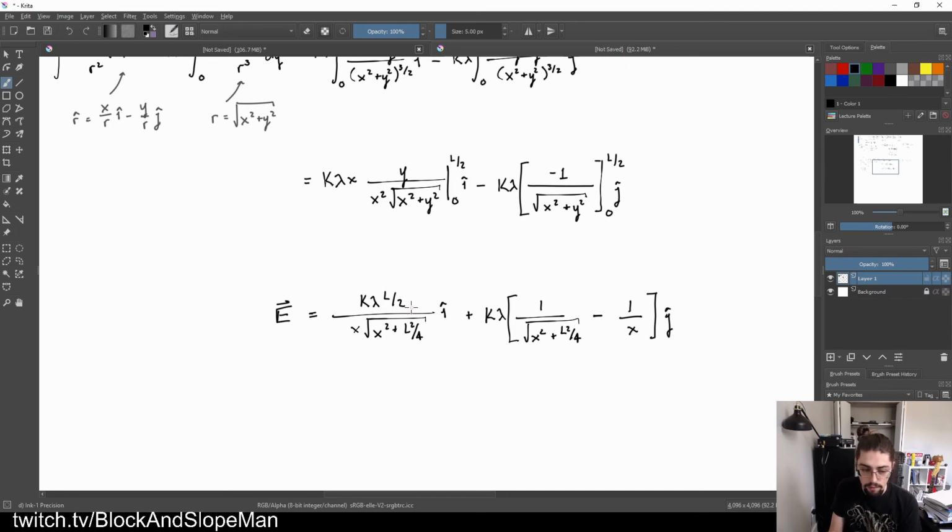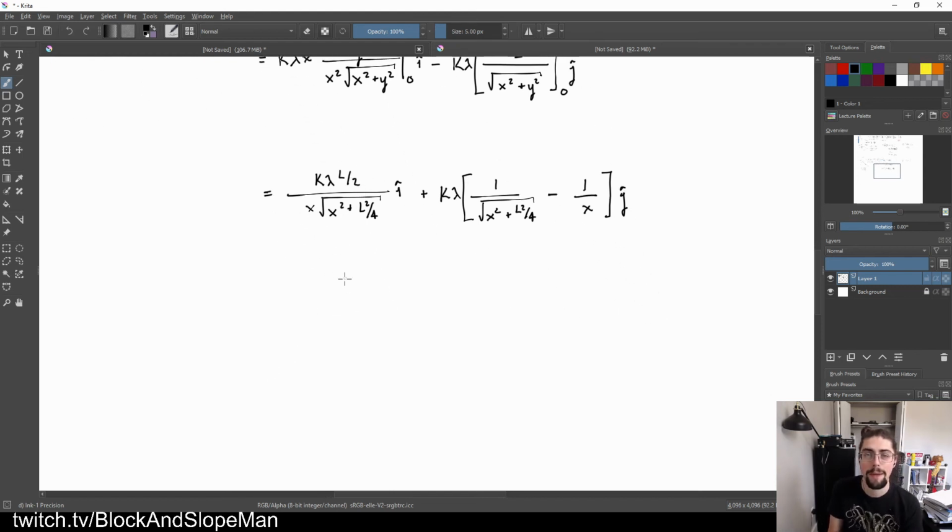Except I just got ahead of myself. I did something not complete. Got one last thing that I need to do. Again, lambda is not one of our given values. We need to plug back in Q over L, which is what we said for lambda.